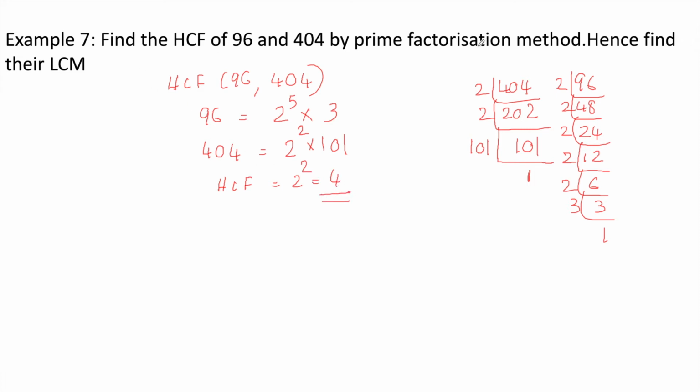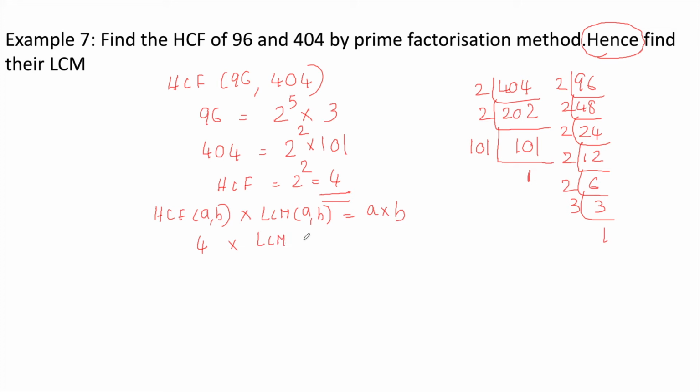And in the question, it is asked to find the LCM also. Hence find. So from the HCF, we have to find the LCM. That means we have to apply the formula: HCF of A and B into LCM of A and B is A into B. What is the HCF here? It's 4.